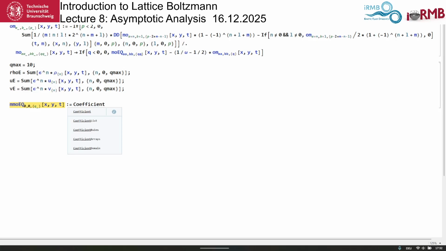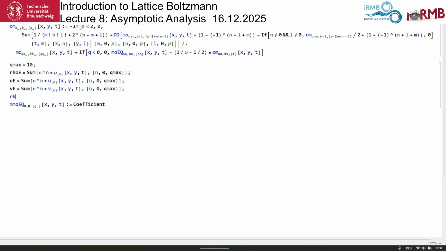The way we do it is I'm using the function Coefficient. Coefficient takes the polynomial and takes the so and so's coefficient of that polynomial, right? Because these things here are polynomial in epsilon, yeah?